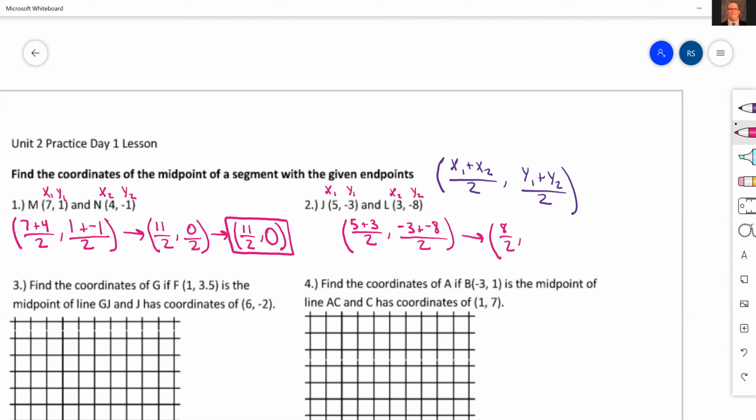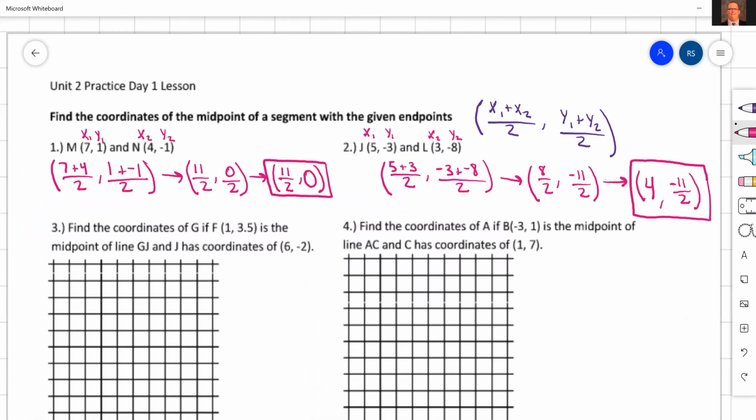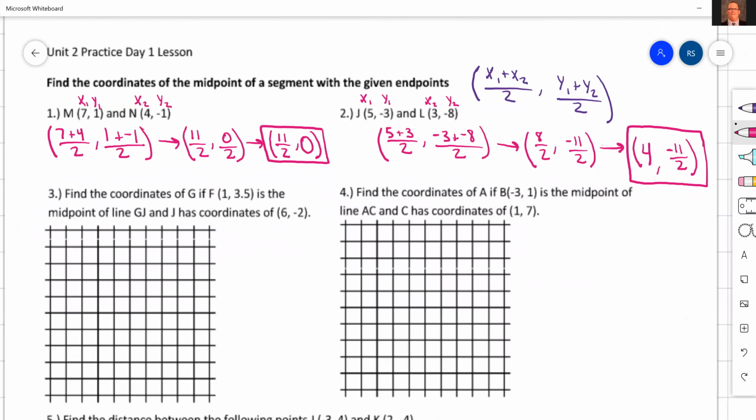Negative 3 plus negative 8, negative 11. Can we reduce anything? Yes. 8 divided by 2 is 4. And then we have negative 11 over 2 that cannot be reduced. So that's finding the midpoint.